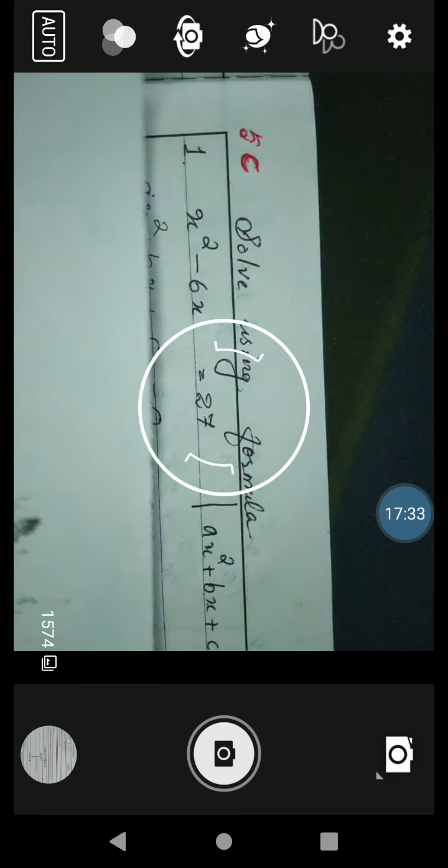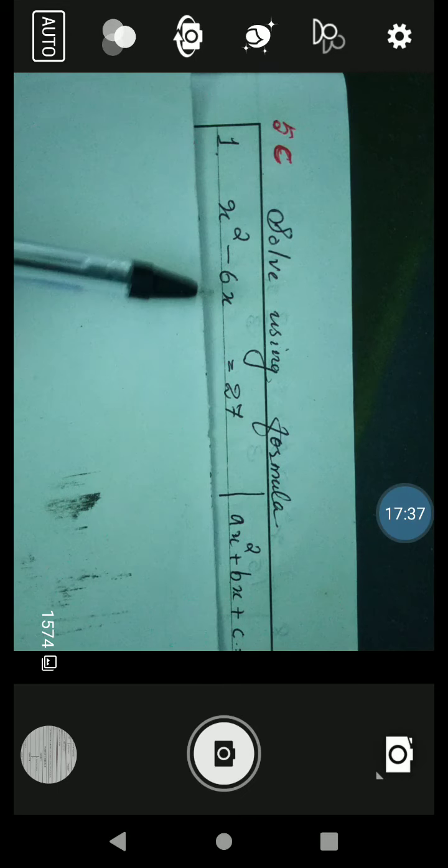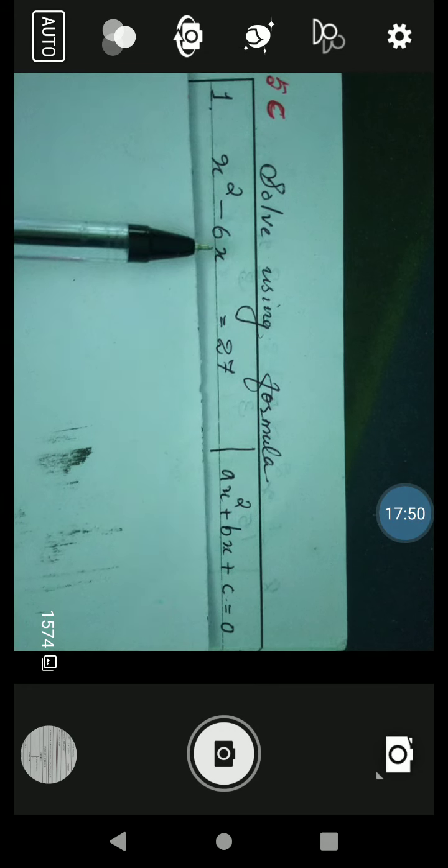Now, we can do one question. Next exercise. Exercise 5c, solve this quadratic equation using formula. Here, first you have to arrange the quadratic equation in standard form. What is the standard form?